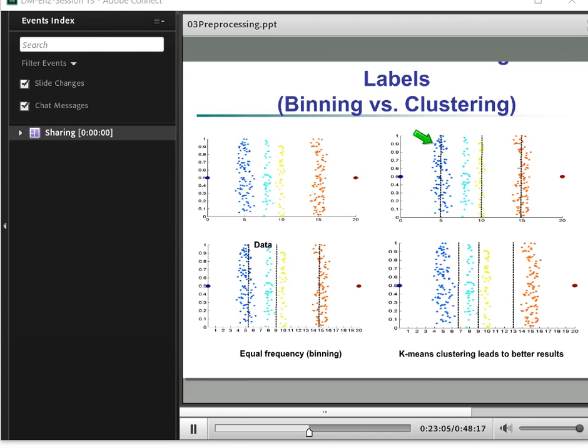Look at this figure. Here you can see that the dashed black lines are borderlines between 2 adjacent bins. You can see, for example, the borderline is drawn such that half of the blue objects are on the left side, and the rest of them are placed on the right side.